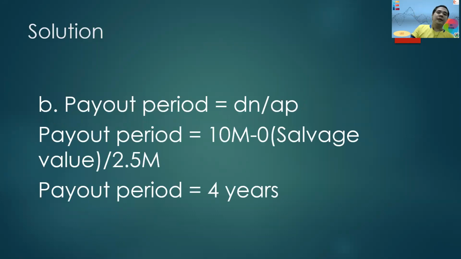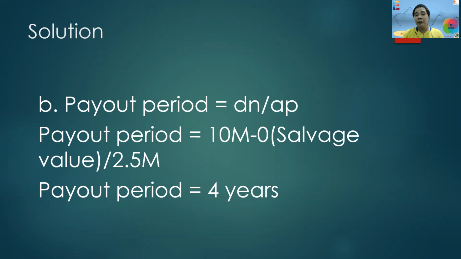For letter B, the payout period refers to the D minus N over AP. The payout period is equal to 10 million minus 0, since we are considering that the salvage value is 0, divided by your annual profit of 2.5 million.